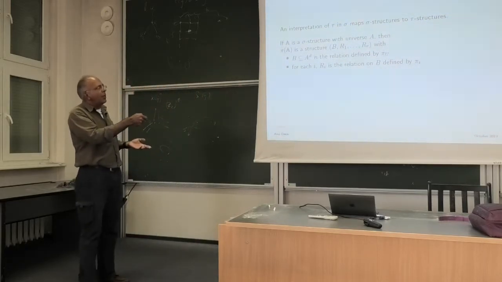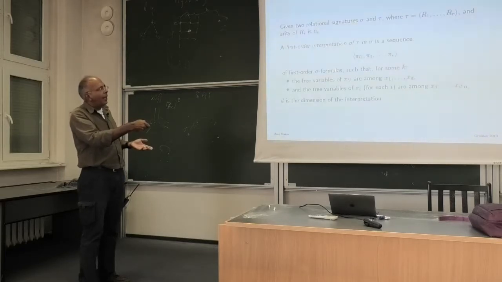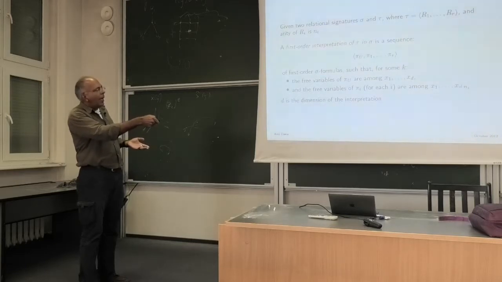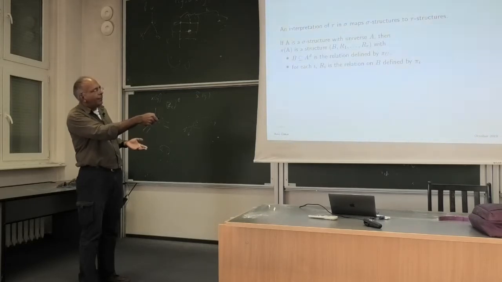So you start with a sigma structure A, and we get a tau structure B whose universe is those d-tuples in A which satisfy the first formula. And each relation R_i is interpreted in B by the tuples satisfying pi_i.